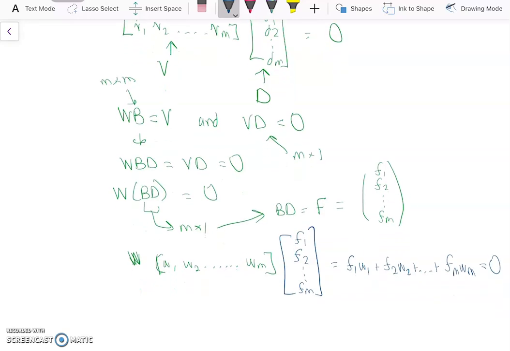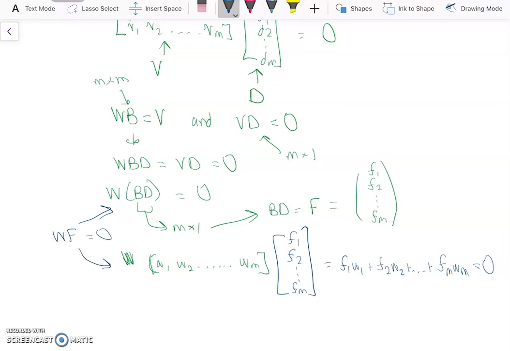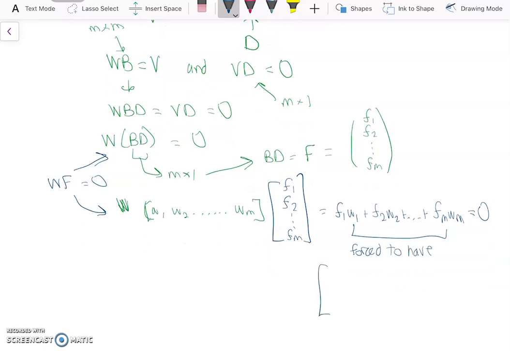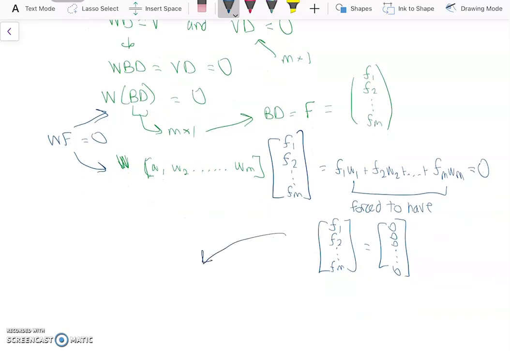This is because WBD is the same as WF, which is equal to 0. And since the W's are linearly independent, the F's must all be 0. So all the coefficients in the linear combination must be 0. It follows that BD must equal all zeros.